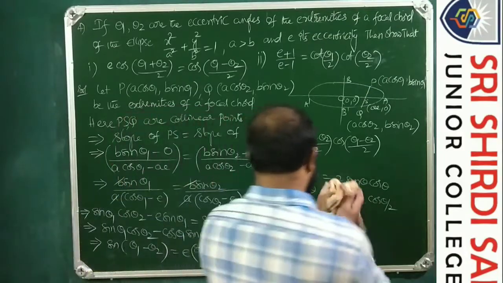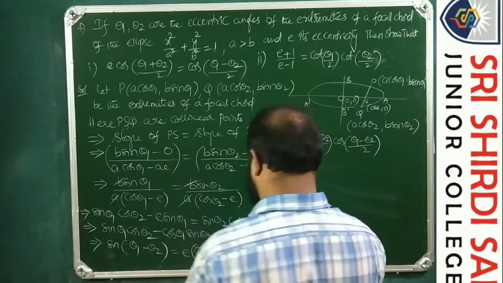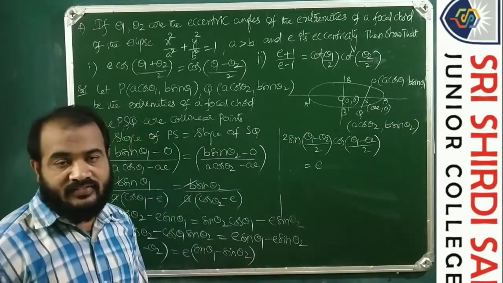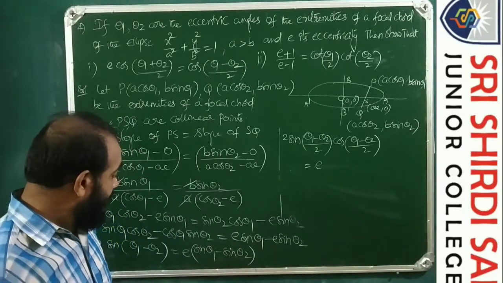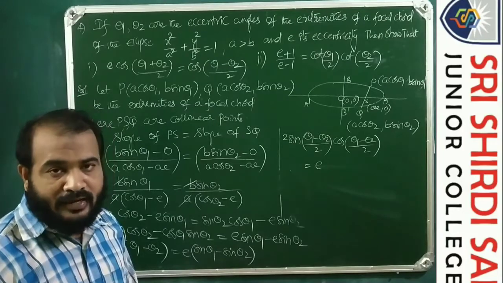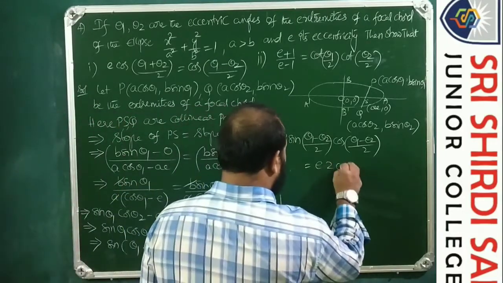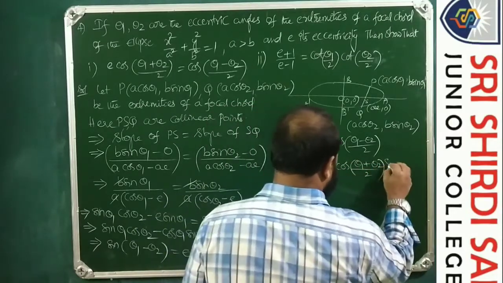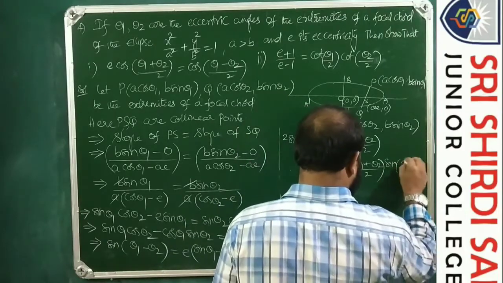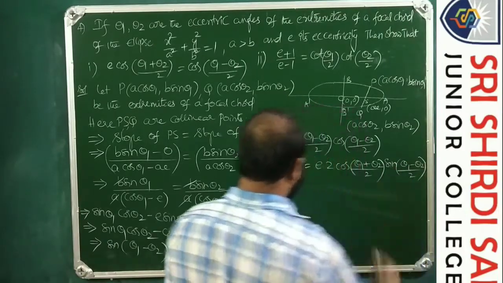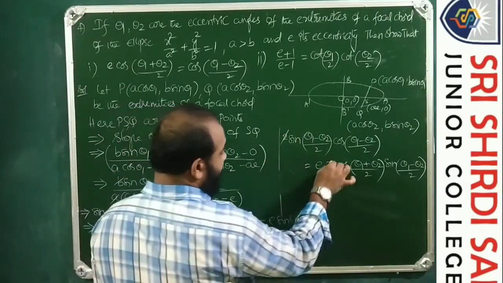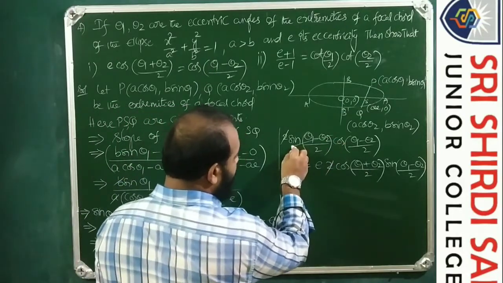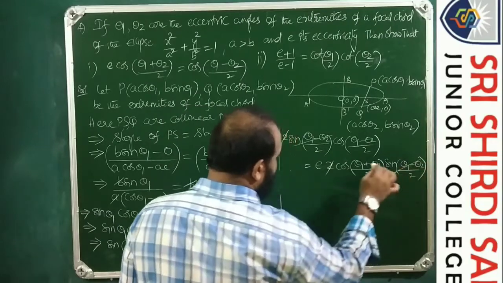The RHS is e into (sin theta 1 minus sin theta 2), sin C minus sin D. By the transformations, sin C minus sin D is 2 cos((C plus D) by 2) sin((C minus D) by 2). So this is 2 cos((theta 1 plus theta 2) by 2) sin((theta 1 minus theta 2) by 2). The 2 on both sides gets cancelled, and sin((theta 1 minus theta 2) by 2) on both sides also gets cancelled.